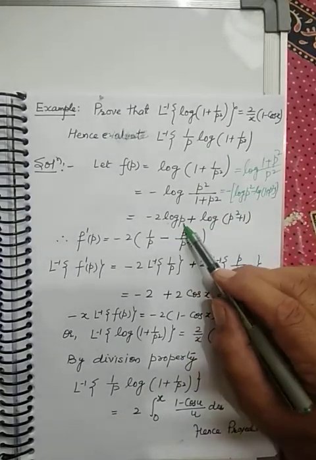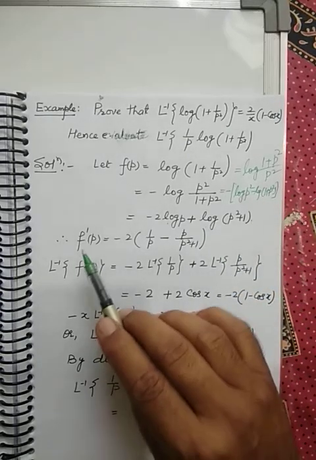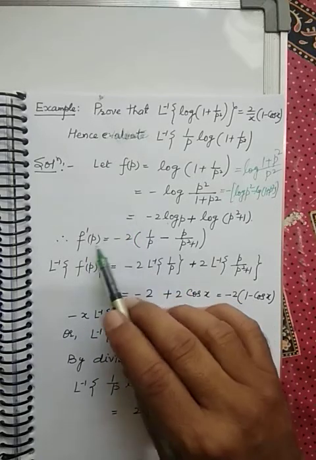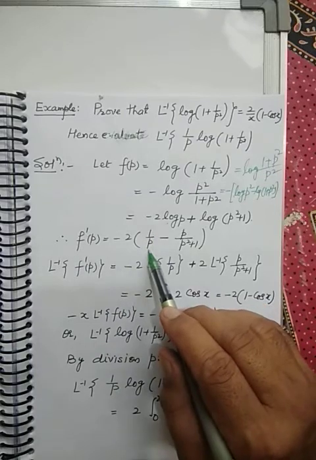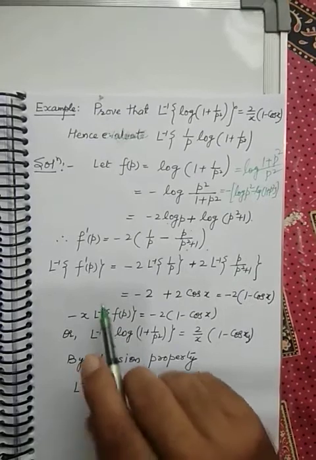This may be written as minus 2 log p plus log(p square plus 1). Differentiating with respect to p, f dash p will be equal to minus 2 (1 upon p minus p upon p square plus 1), 2 common.